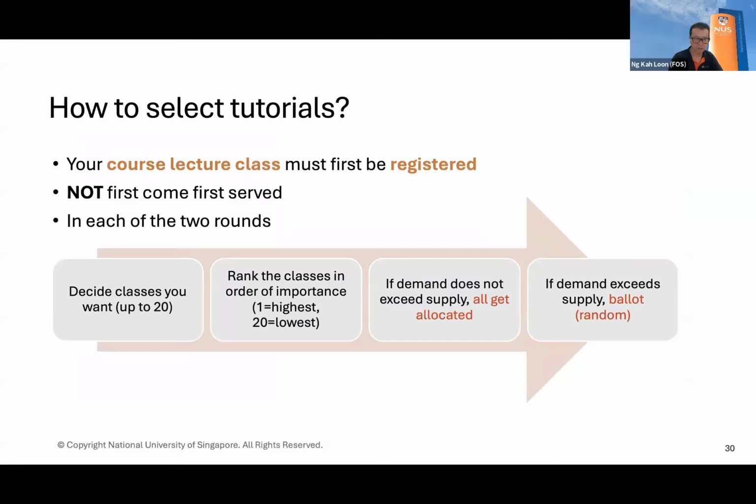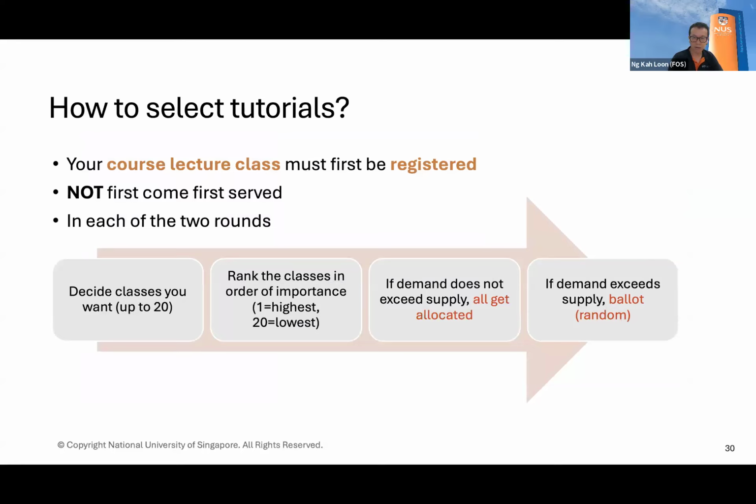So if for a particular course, there are 10 possible tutorial groups of which you only need to register for 1, you'll look at the various time slots, which are the ones that fit your timetable best, and then you do your ranking, and then the system will do its job.